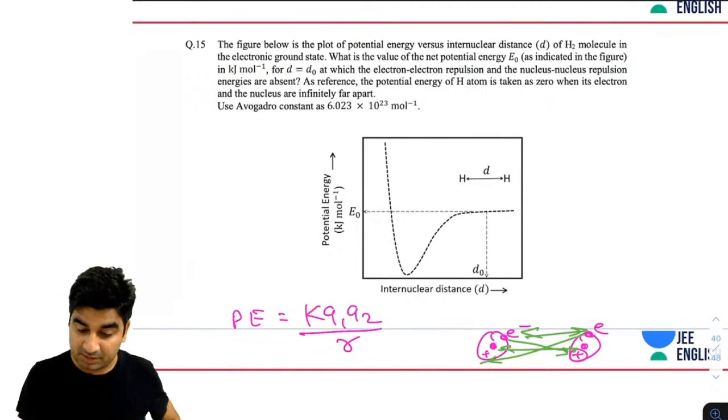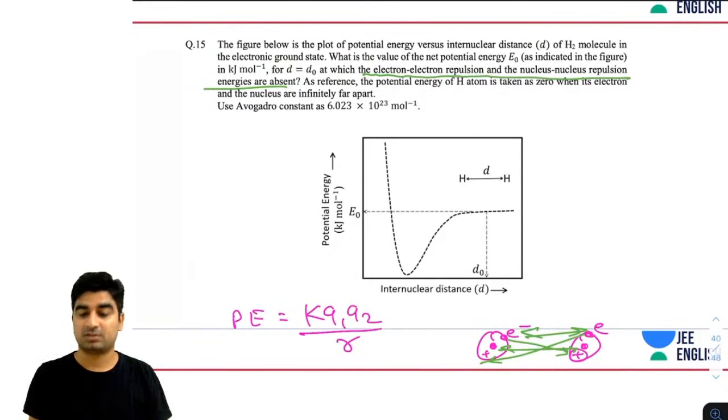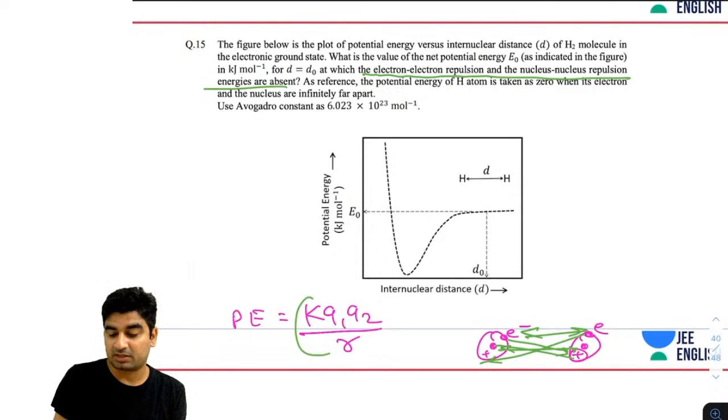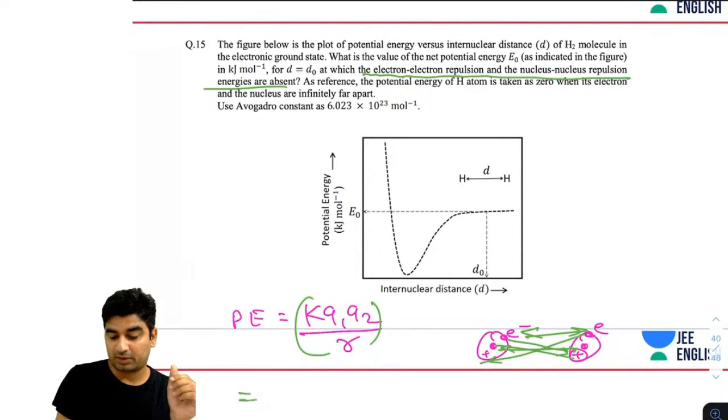But in the question it mentioned ignore all the repulsion. So there will be two pairs. So if you calculate the potential energy on one hydrogen atom, you will be calculating it. The value of K will be 9 into 10 raised to the power 9, and charge will be 1.6 square.